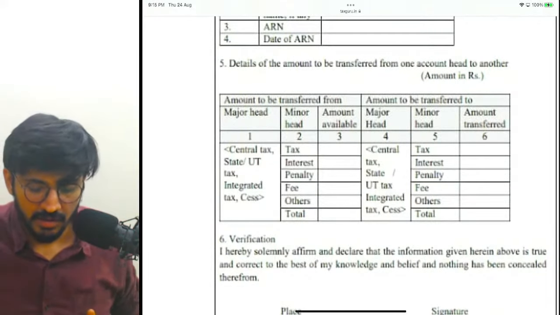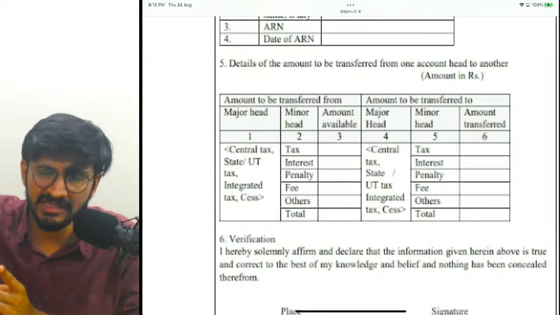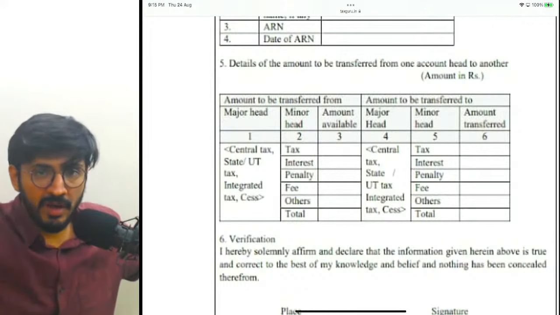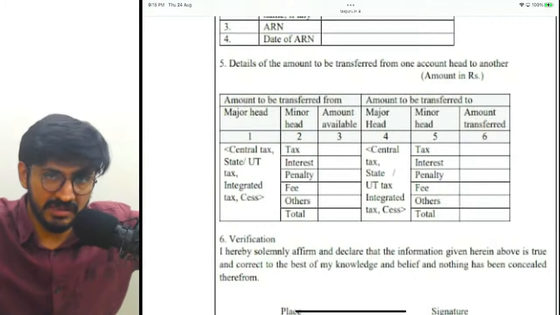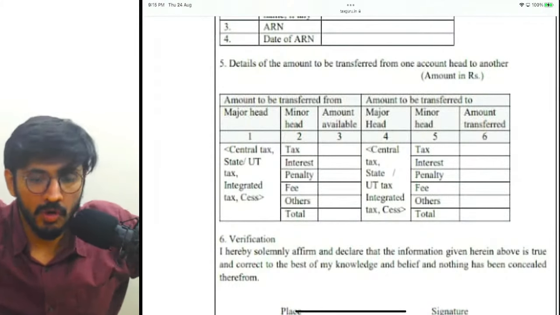Or for that matter, SGST tax, SGST interest, SGST penalty. I could not transfer any amount from a major head or minor head to another major head or minor head. Now that was a big limitation, and that was the limitation of the system, not of the law.